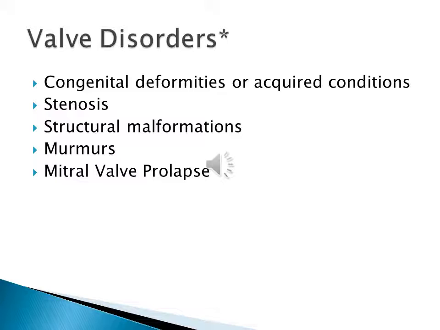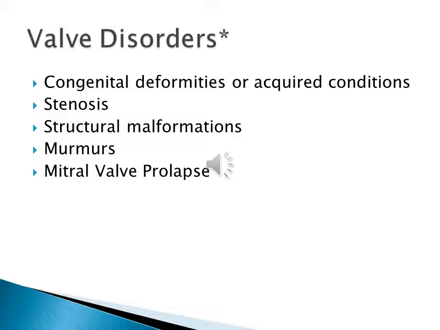Again, these types of deformities can be either congenital or acquired. I didn't get a picture on the slide. Figure 6-15 in your book really has a good illustration of what some of these valves look like. There's also valve deformities that can actually occur in the aorta as well. So they're not just solely limited to the mitral and tricuspid valve.